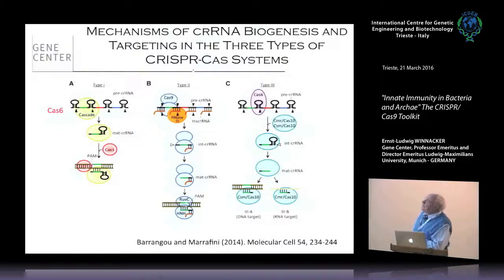In all cases, there is a pre-CRISPR RNA, where RNA polymerase produces a long RNA from these funny CRISPR sequences. You see the green and the red and the blue are all these protospacer sequences, and there can be 30, 40, 50 in a row of those. And they are processed into smaller pieces.